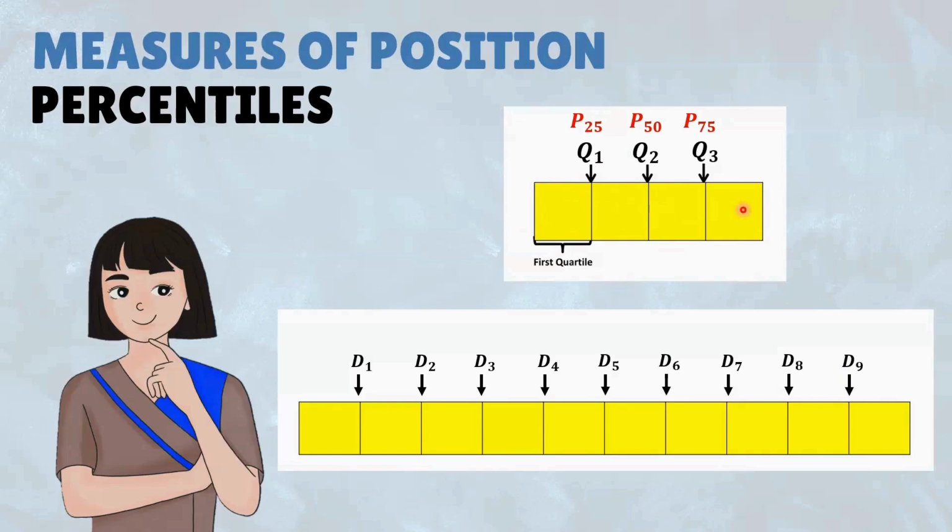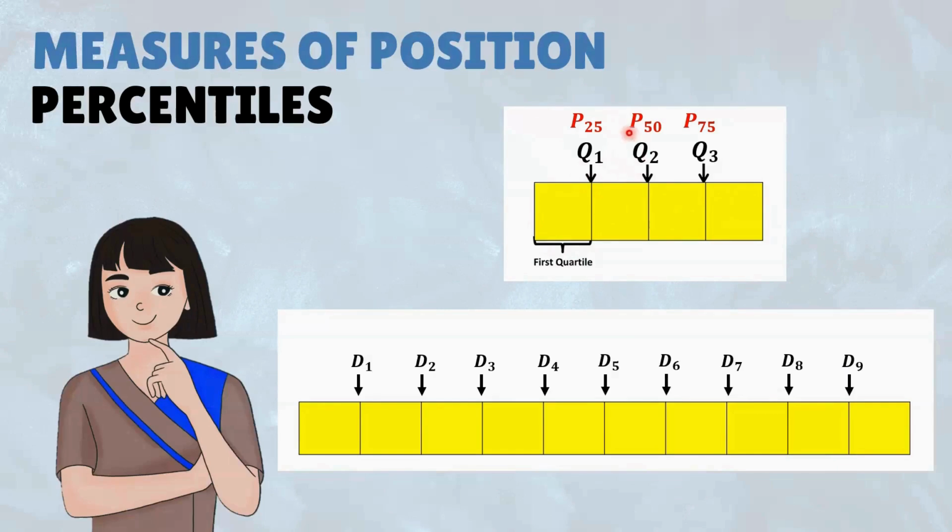That gives us a total of 100%. Again, percentile 25 and quartile 1 are equivalent since 25% of the distribution is less than or equal to these values, and the remaining 75% is greater than or equal to these values.